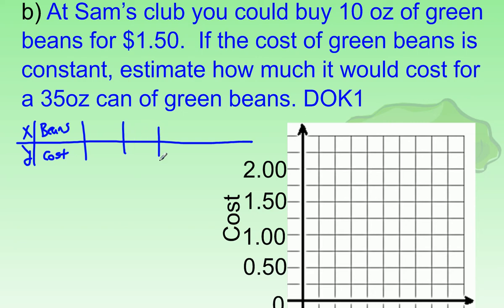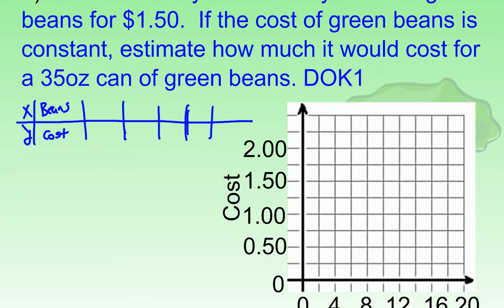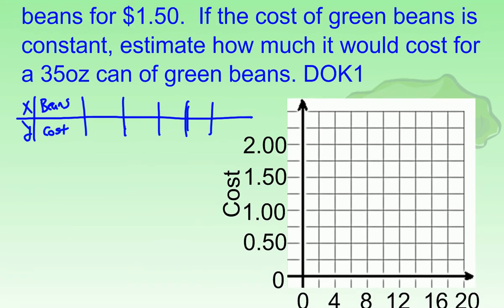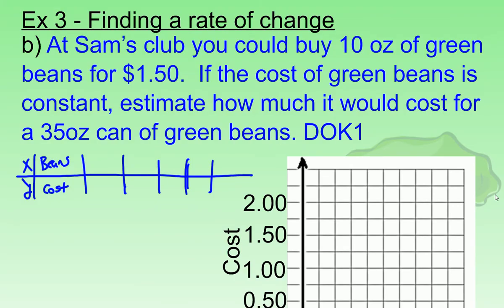And so now I can just come up with some X and Y values to plug into my table. Well, we know it says here 10 ounces is this much. So I can even just plug that in. I know 10 ounces is $1.50.